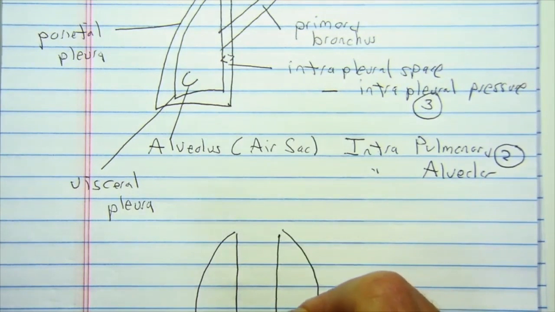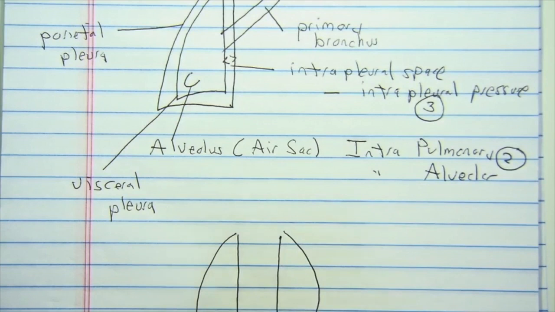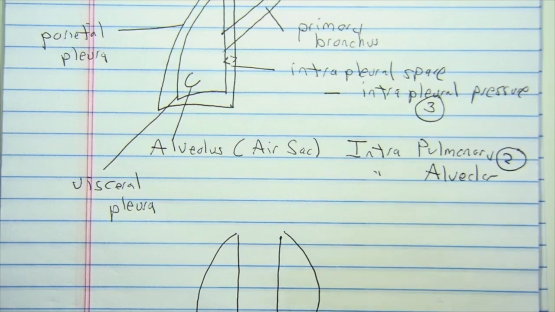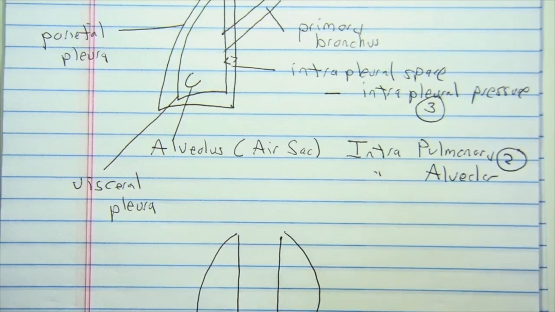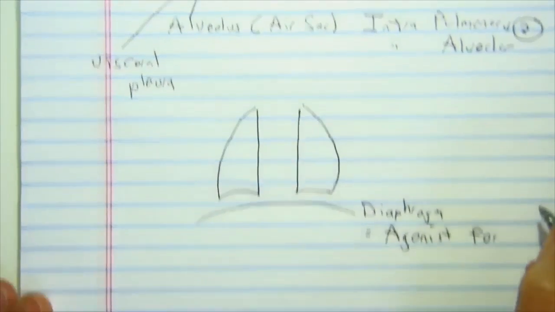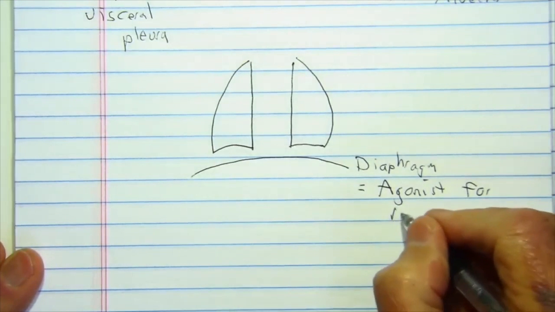So if I just say that this is my lung sitting here, here's my 2 lungs. My 2 lungs are sitting on top of the diaphragm. Think of the diaphragm as the agonist, or prime mover, for respiration.